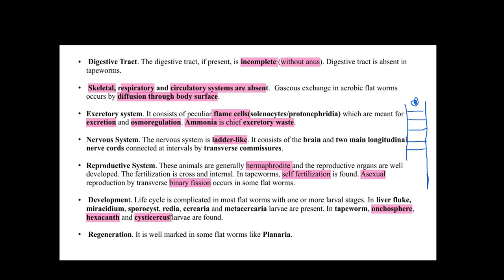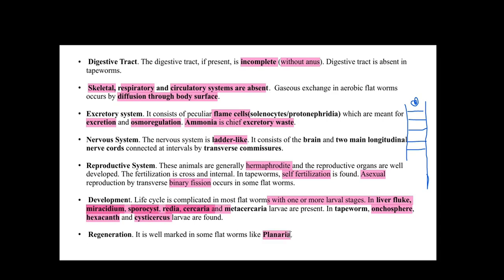And in the case of Fasciola hepatica, that is the liver fluke, there are five larvae: the miracidium, the sporocyst, redia, cercaria, and metacercaria. The power of regeneration is well marked in planaria.